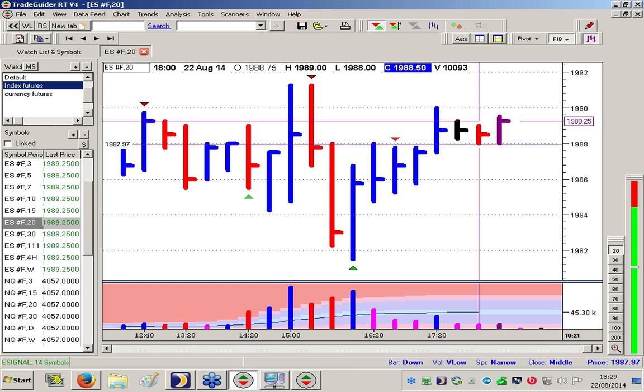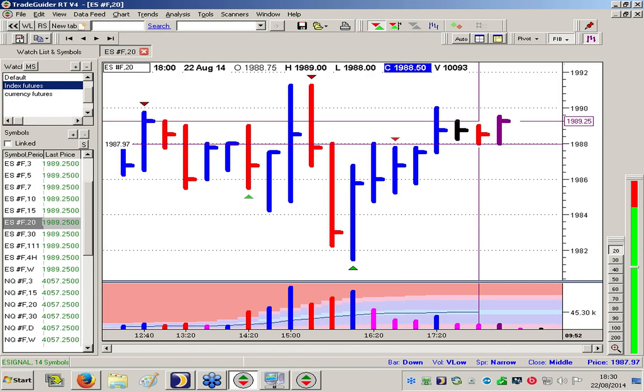Don't expect one to go one way and the other the other way, because it just won't happen. It will go in harmony with the main indexes. It may not work in perfect harmony, but it won't be far off.